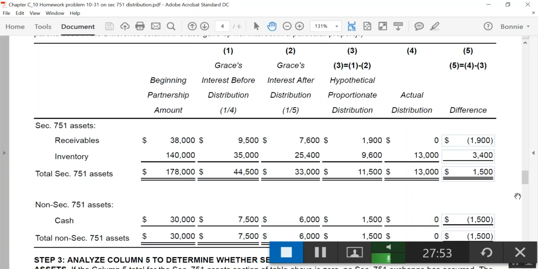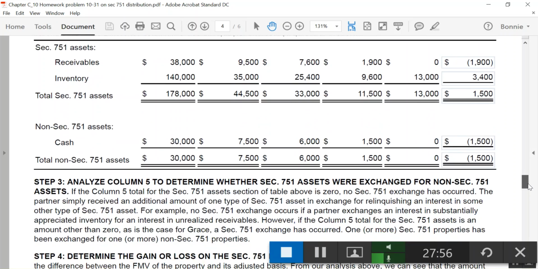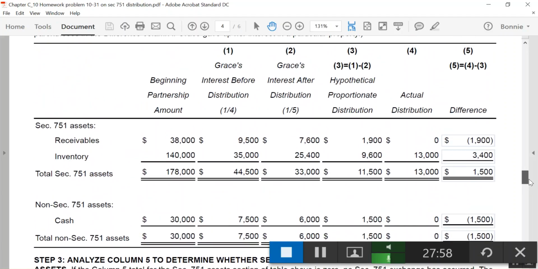And if that's the case, they don't really care and they're not going to treat it as a sale, and you can just go forward and treat it as an actual distribution, a regular distribution, and you would ignore this table from then on.